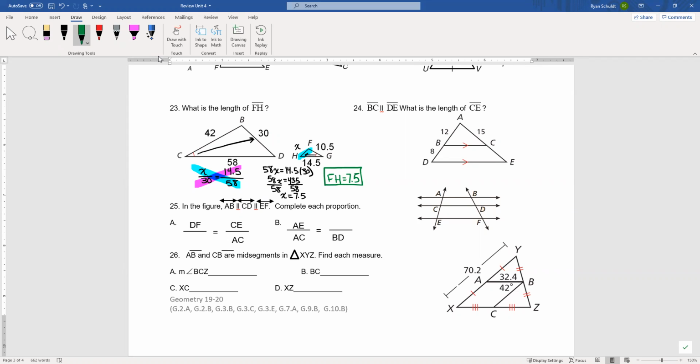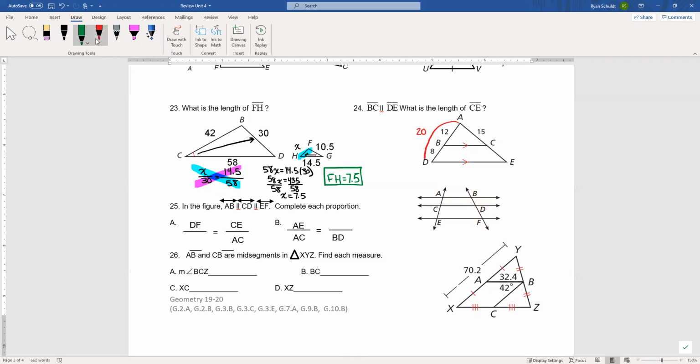Okay, 24. Again, we're using the fact that these triangles are similar to each other. That's the fact that we're using. So 12 and 8, if I add them together, I can get my whole big triangle. 12 plus 8 is 20 on that side.